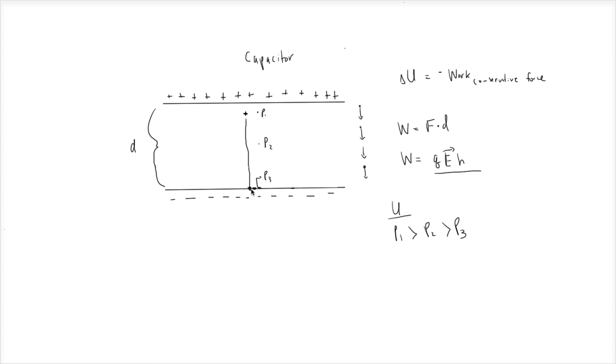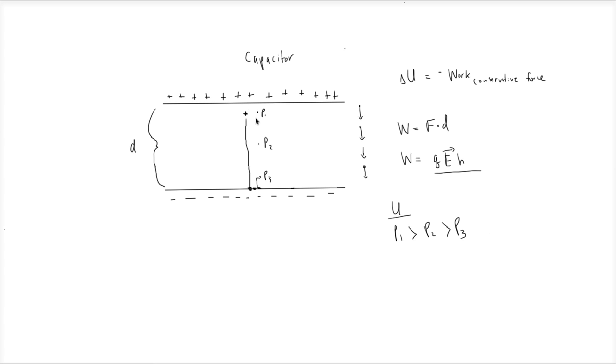Another way to think about it is, if I put a positive charge at any of these points, it'll all end up stuck to this bottom part, the negative part of the capacitor. Another way you can think about it is, what if we had that charge on the very bottom and we wanted to move it to P1? How much potential energy would it get? Well, now you're going against the conservative force.